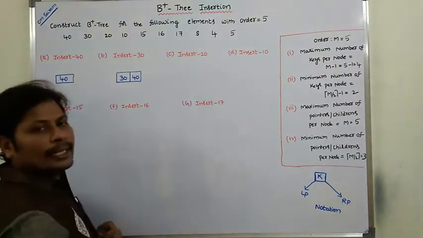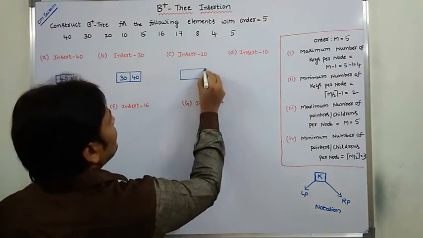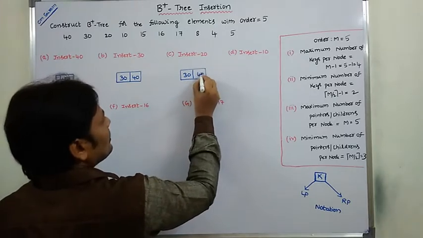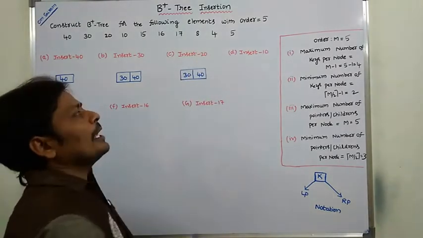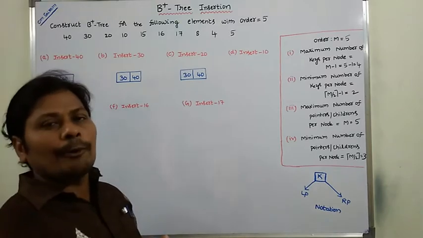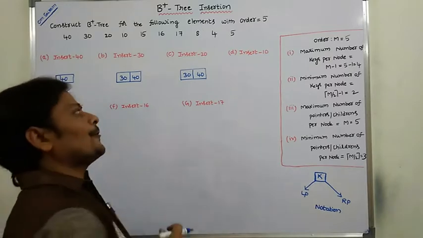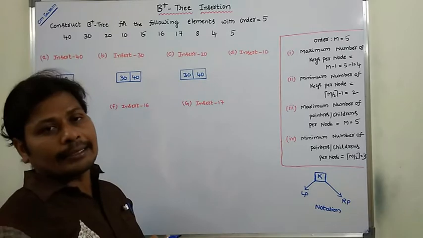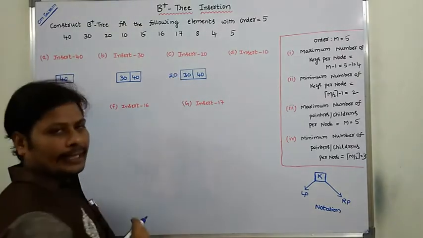Next we have to insert 20. Before inserting 20, the existing B plus tree contains a node with two key elements, 30 and 40. First we have to find the location where we are inserting 20. So 20 is compared with 30. 20 is less than 30, so 20 can be inserted before 30.